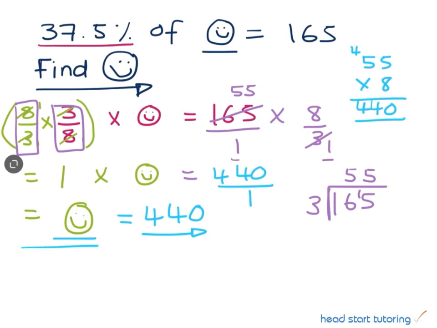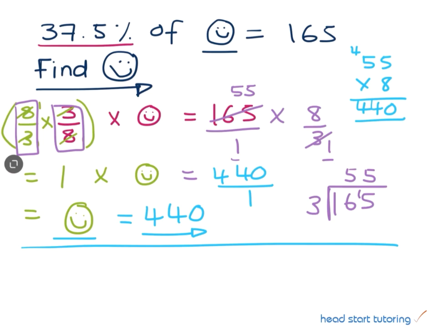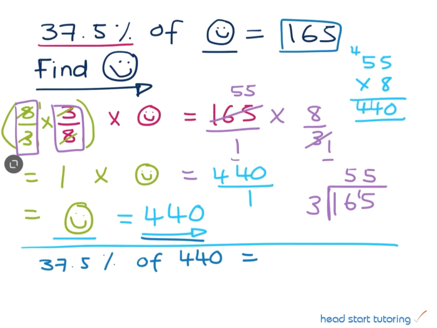So let's now have a look and see whether 37.5% of our smiley face, which we now think is 440, is in fact equal to 165. So 37.5% is equal to 3/8 times 440 over 1.